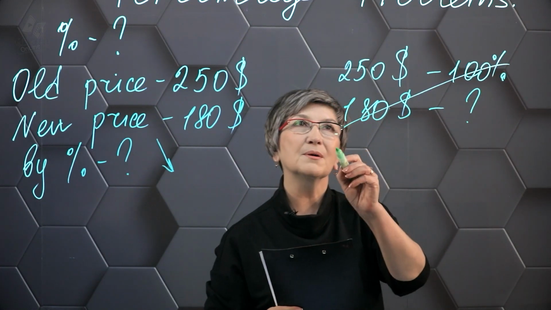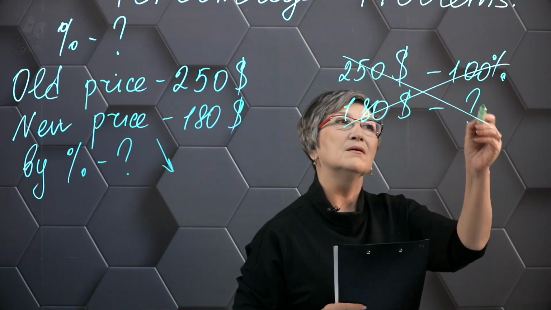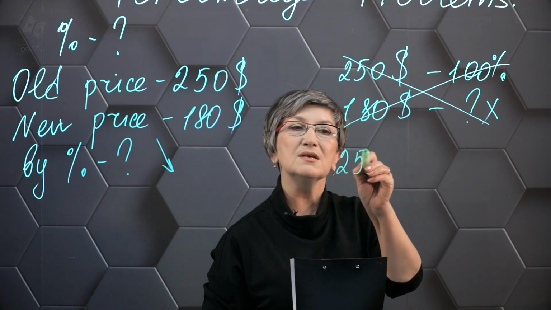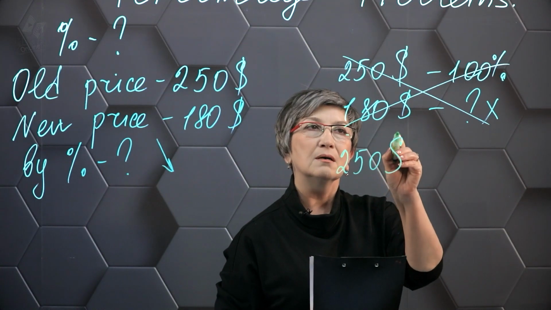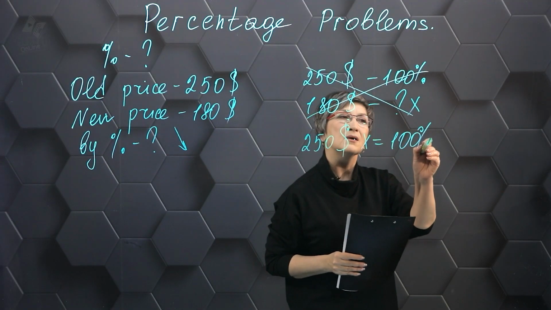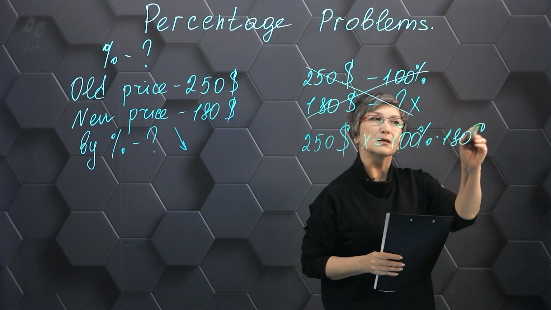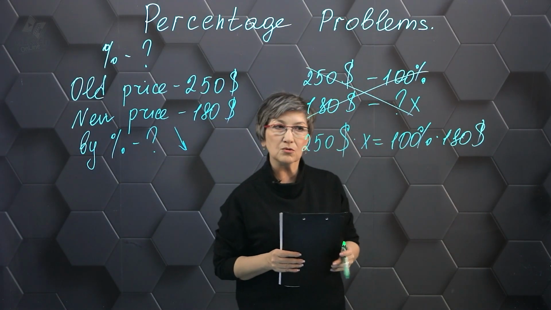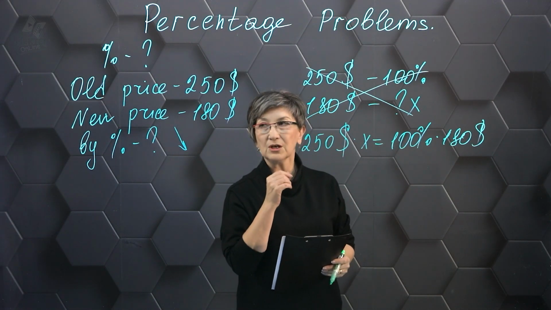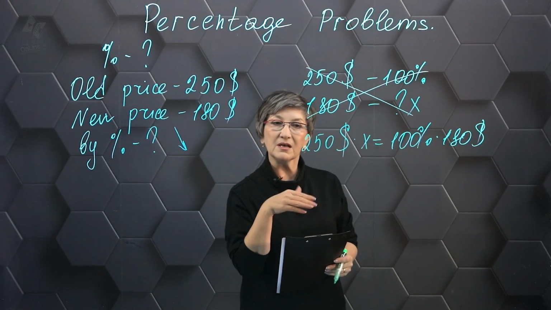Let's use the rule of proportion and write it down. We denote the unknown by x. So 250 times x equals 100% times 180. Please note that I'm writing units, because that way I can check myself to see if I'm right or wrong.